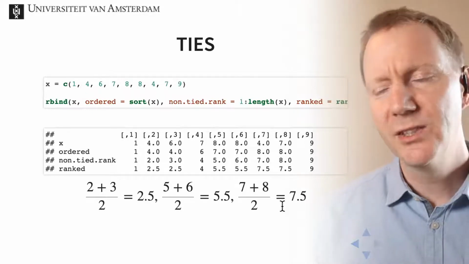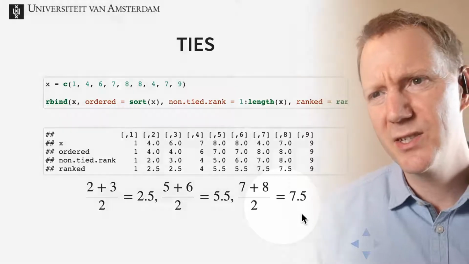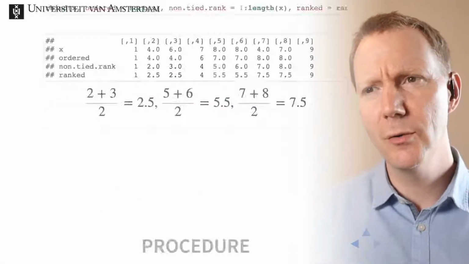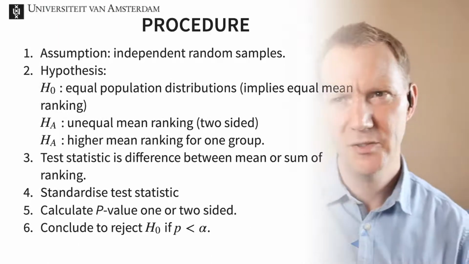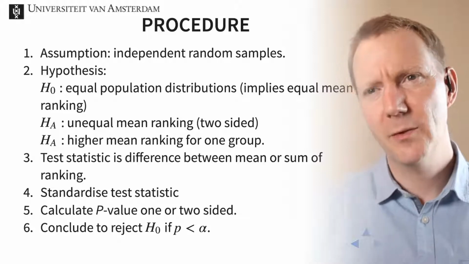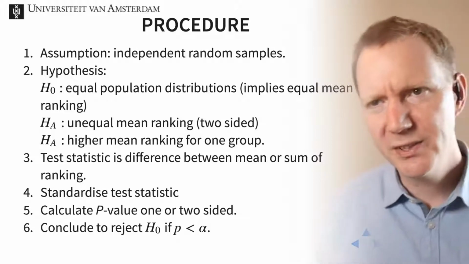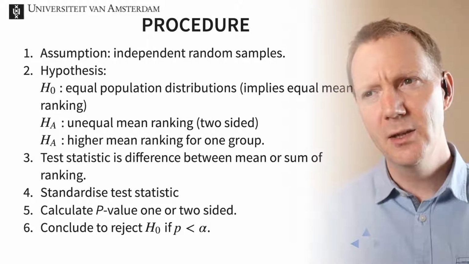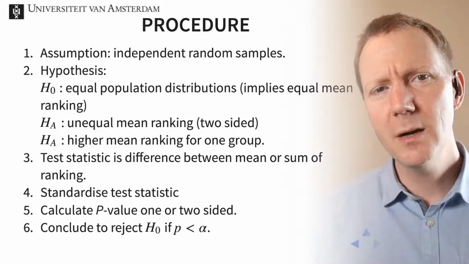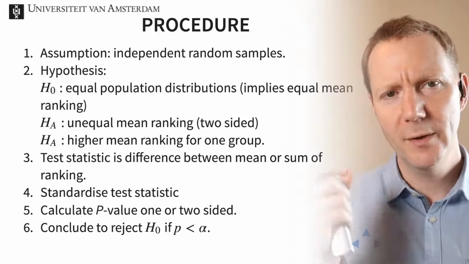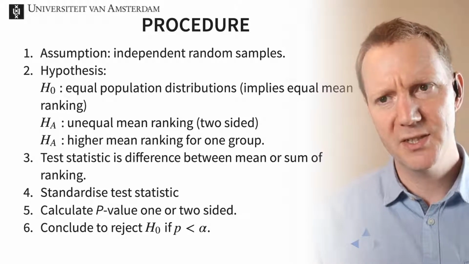So that brings us in essence to the procedure that you go through with non-parametric tests, and that is, of course, you assume the independent random samples, but then your null hypothesis is that the mean of the ranking is actually equal.